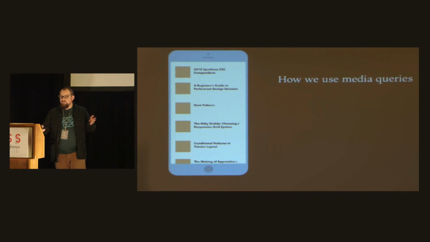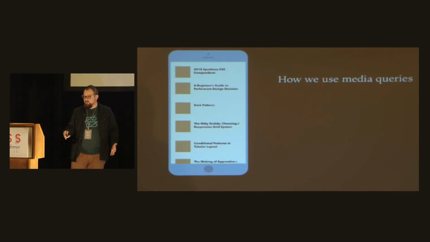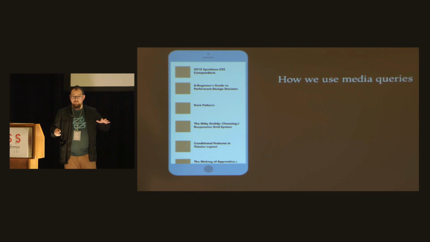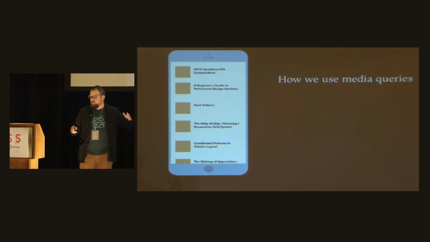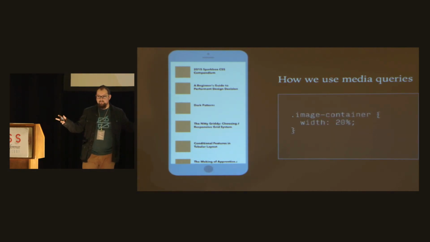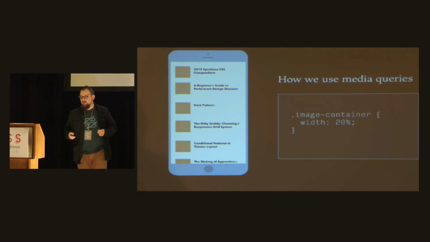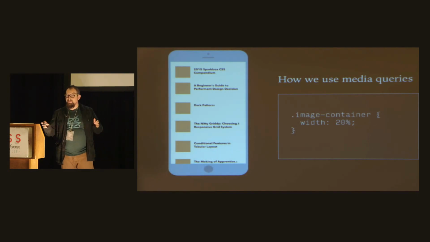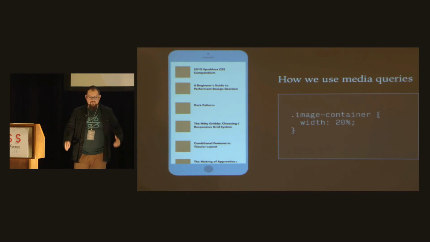Here's how we would typically use a media query. We're starting off small screen, going small screen on up, so our CSS is pretty basic. This is what we want to do for this listing of articles, and we want our image container, this gold area, to be 20% wide at this size.